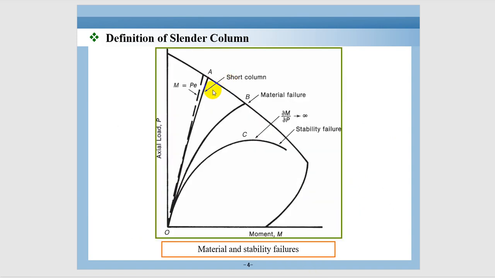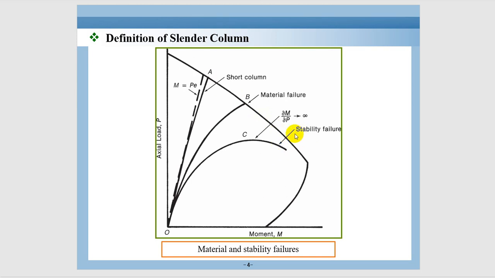Here, if we have a short column, then this is what we learned. We can just get this point to calculate the axial capacity and moment capacity. But if you have a secondary moment due to secondary deflections, then your capacity slows down or reduces here, and you go down further if you increase your secondary moment, and here you can reach the PM diagram.